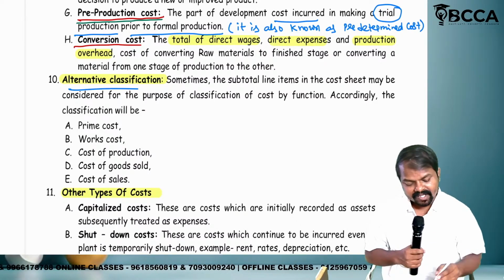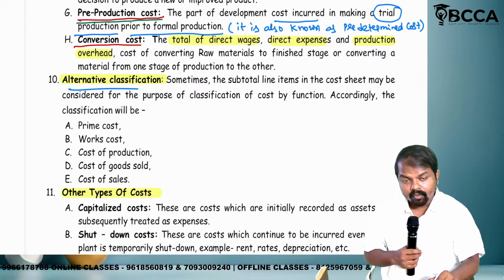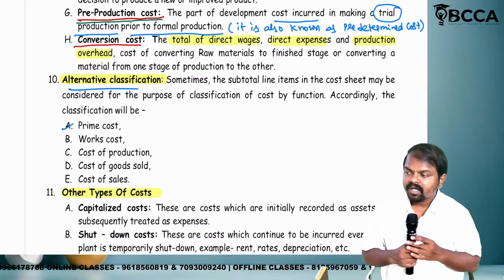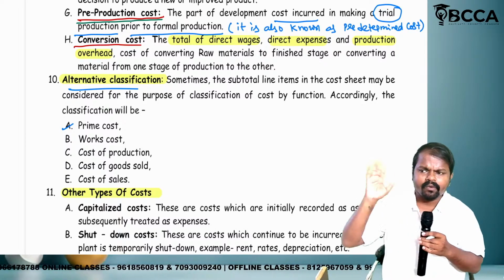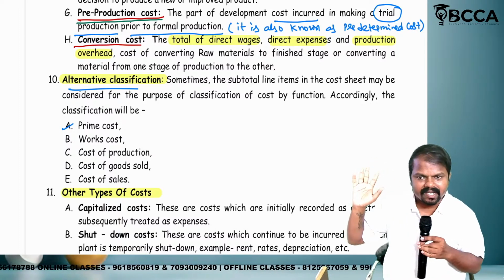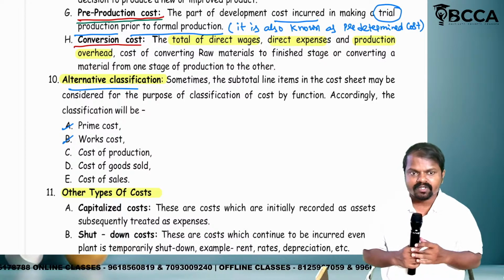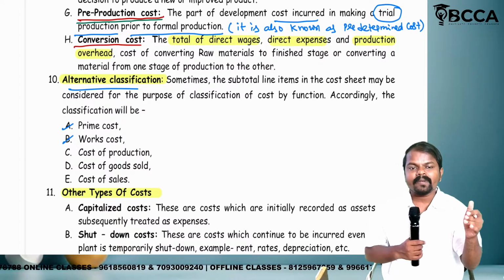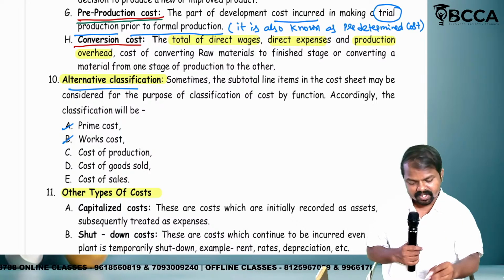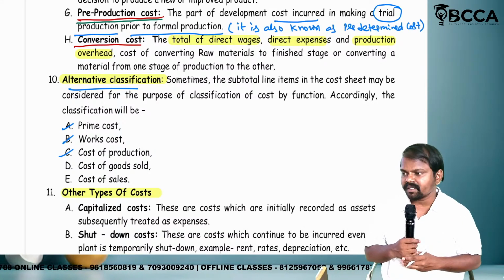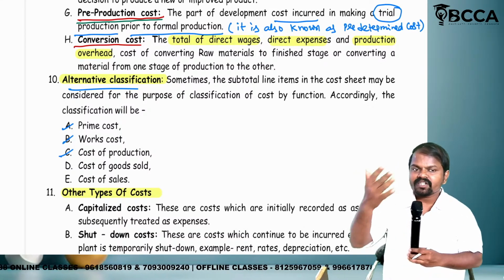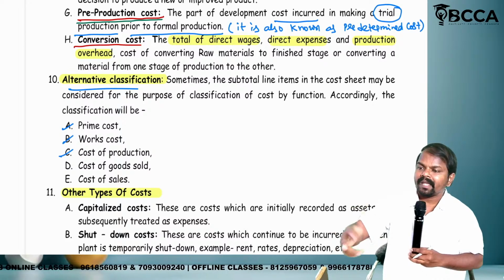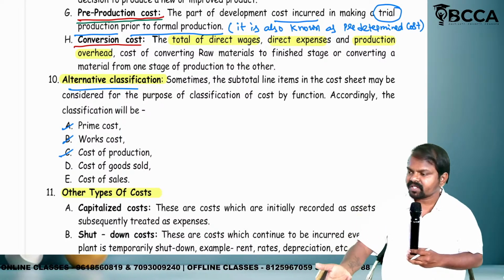Now, alternative classification. Cost can be classified into prime cost. How to get prime cost? If you remember the cost sheet, you will easily get it. What is meant by works cost, factory cost or manufacturing cost? Prime cost plus POH. Cost of goods produced: factory cost gross plus opening WIP minus closing WIP, factory cost net plus AOH.